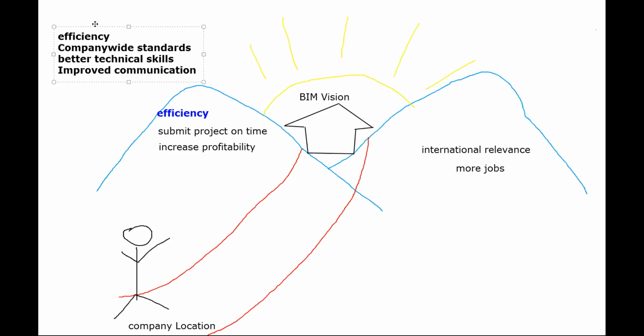You explain important BIM concepts, and then you go and show them the workflow that applies to them. If it's an architectural company, you talk to them about the architectural workflow. If it's an MEP company, you explain to them the MEP workflow, the structural workflow. Then after that, you now have a BIM vision.